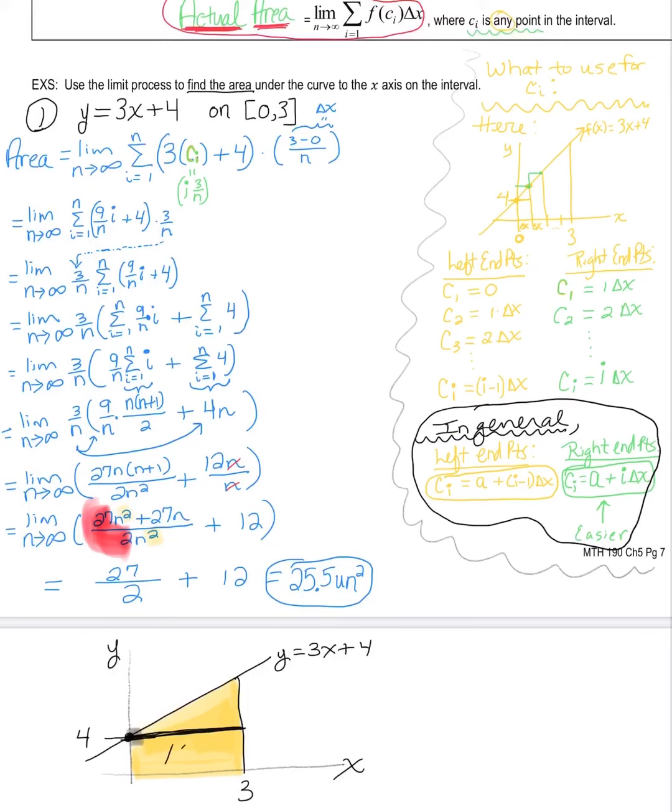So this portion would have an area of 12 square units. This value, if I sub into the function, would be 9 plus 4, so this would be up here at 13. So this area would be 1/2 the base times the height. My base is 3.